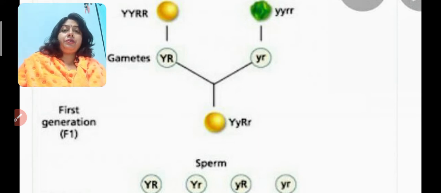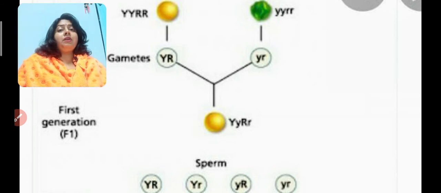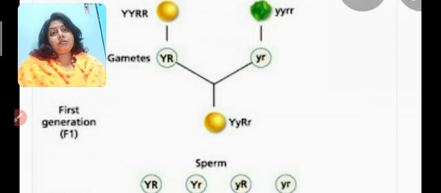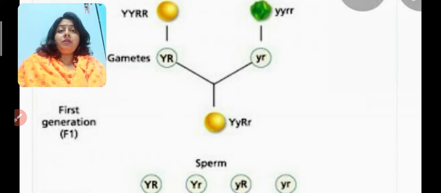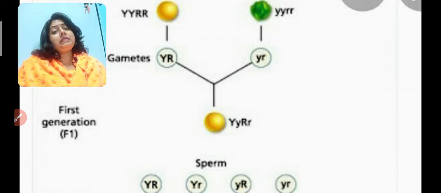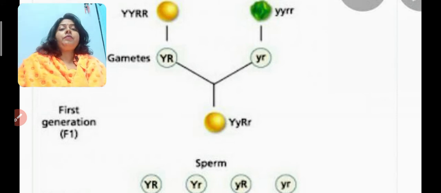Now, what was his experiment? Like the monohybrid cross, here also Mendel crossed a plant with yellow colored and round seeds with a plant with green colored and wrinkled seeds. In the F1 generation, he found all plants to be yellow and round seeded because of their dominance over the other allele or trait.